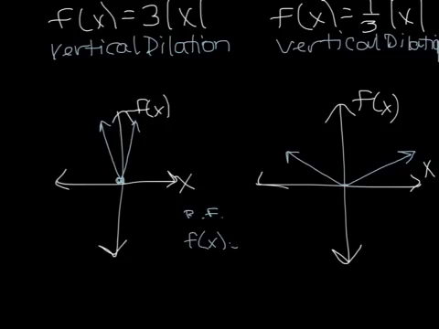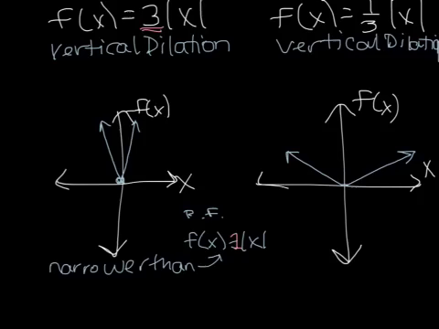So the original parent function, PF, was the absolute value of x. So the coefficient in front of this was a 1. So 3 is obviously bigger than 1, so that's why it was stretched vertically, which made it skinnier. It made it narrower than the original.